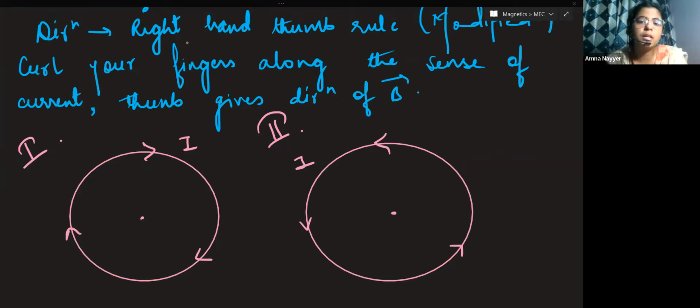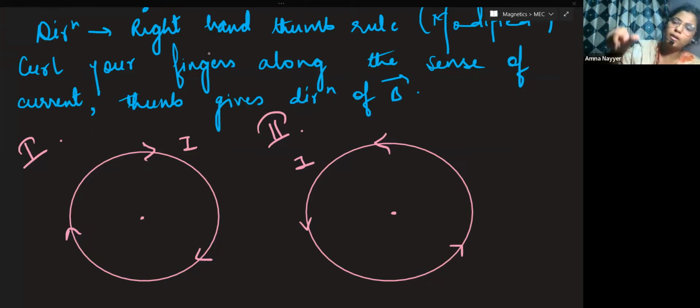See, Fatima, curl your fingers. I'll help you. Yes, Hiba, your answer is right. Fatima, try to do it in your notebook, or if you can do it in front of the screen on whichever device you're using, that's also fine. Wherever the current is flowing, like this or like this, curl your fingers in that manner only.